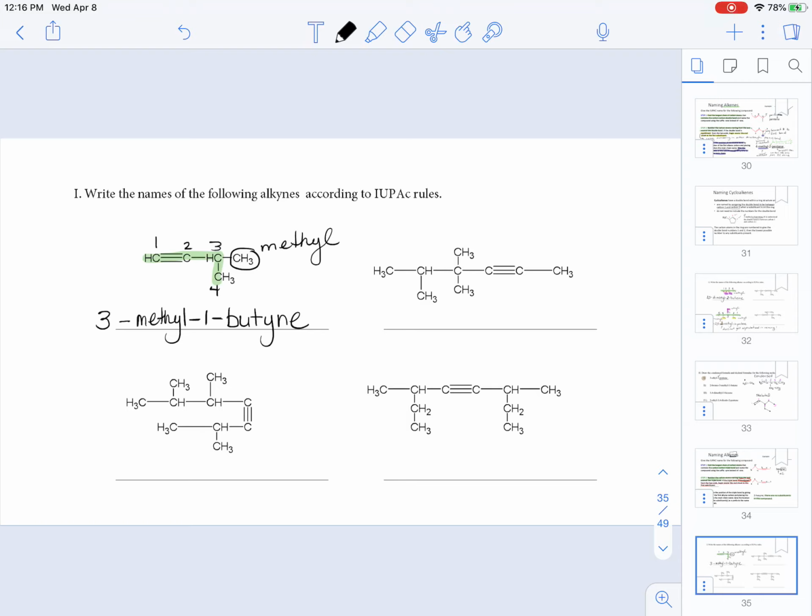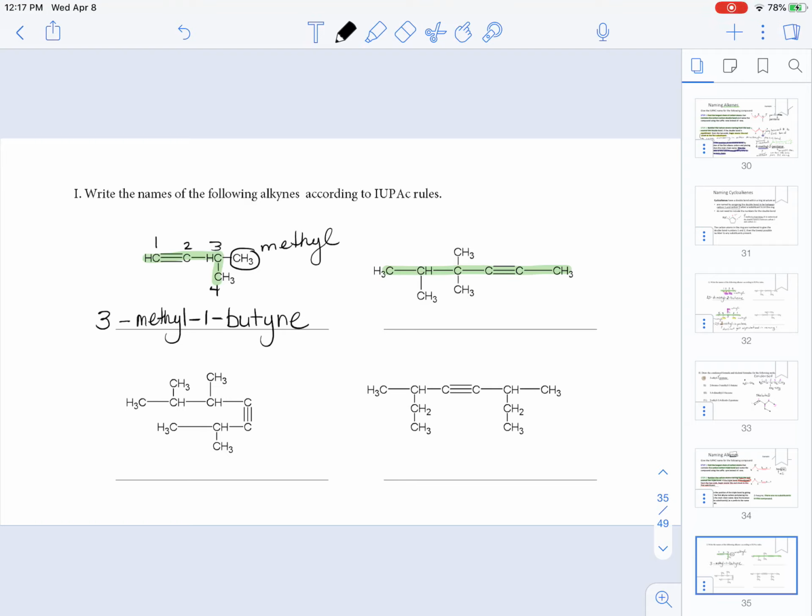Let's first find the longest carbon chain, which is going to be 1, 2, 3, 4, 5, 6. The numbering that I just did verbally does not represent the correct numbering for the molecule. I'm just counting carbon atoms. Now, if I do the correct numbering for this chain, remember that the carbon-carbon triple bond needs to have the lowest number.